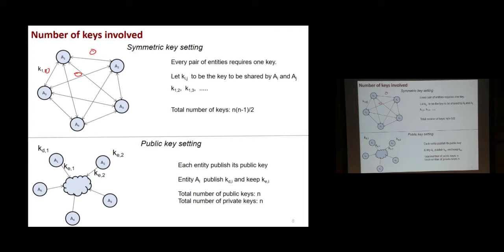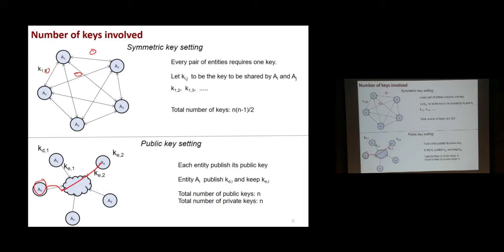If in a public key setting, everyone just has to publish their public key. So if A3 wants to send to A2, or A5 wants to send to A2, they get the A2 public key, encrypt, and send.